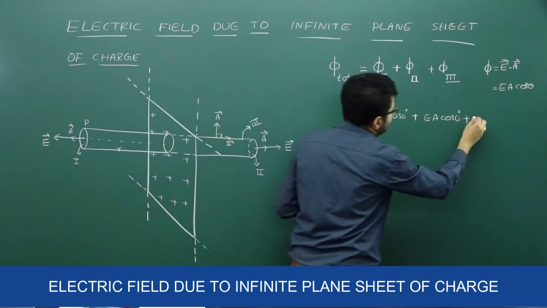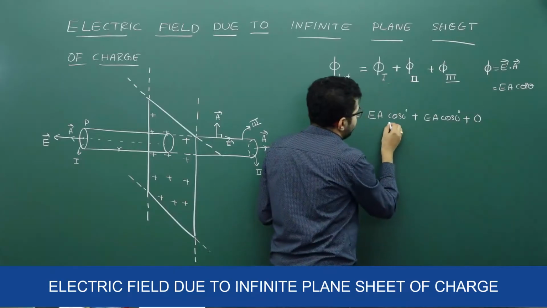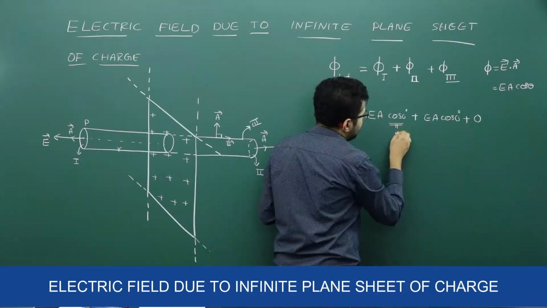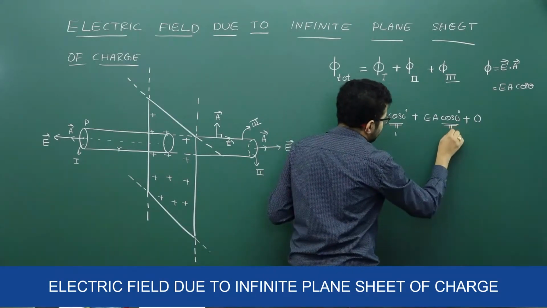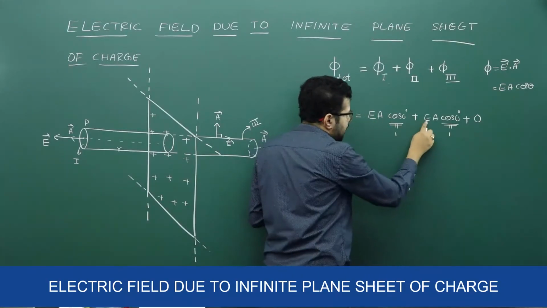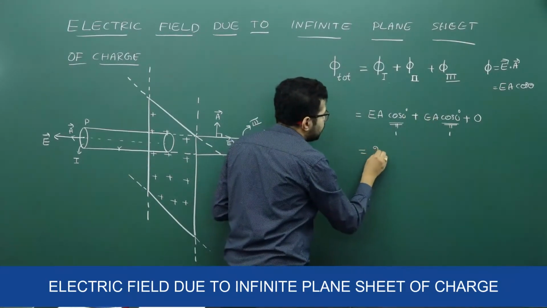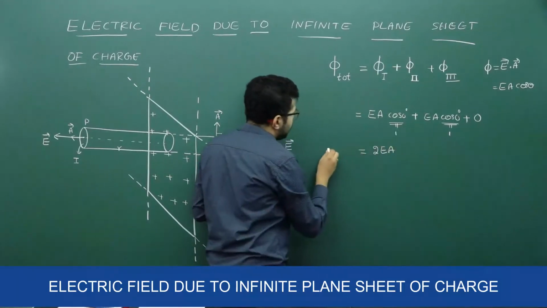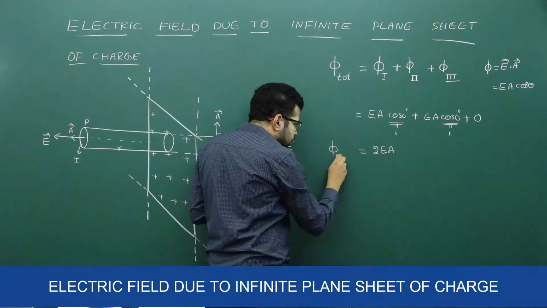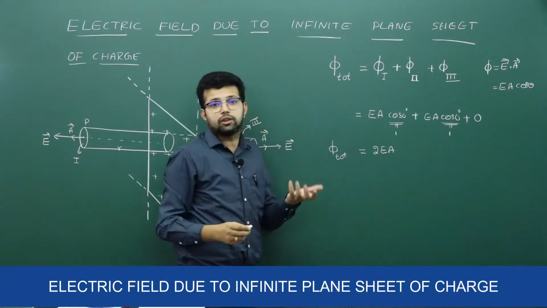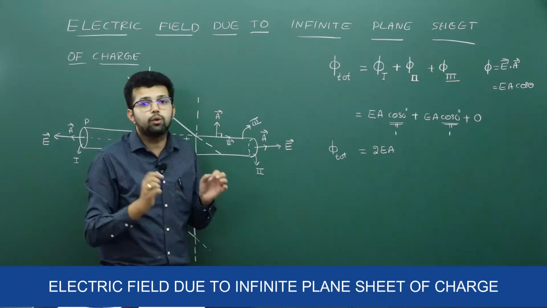So the flux through region 3 is 0. EA plus EA gives you 2EA, the total electric flux through the cylindrical Gaussian surface that we have considered.